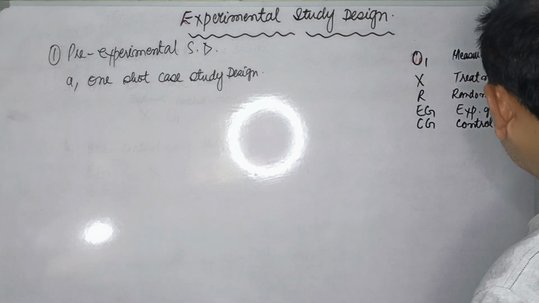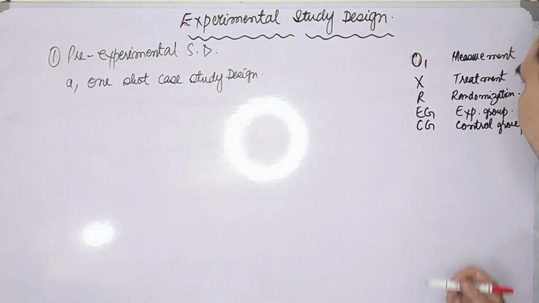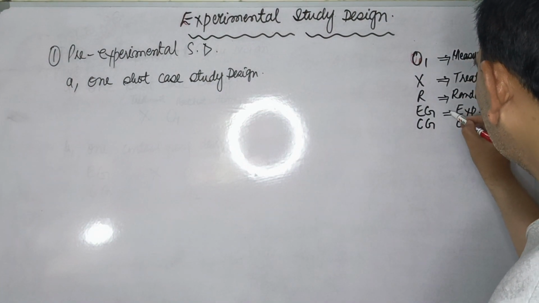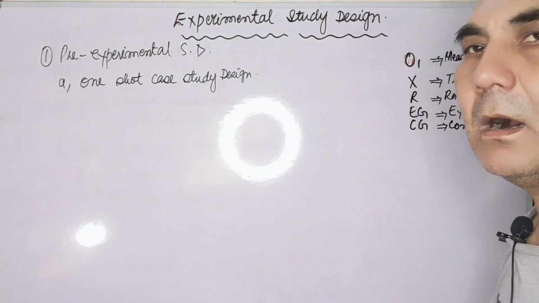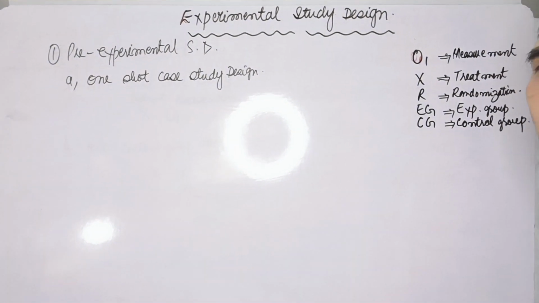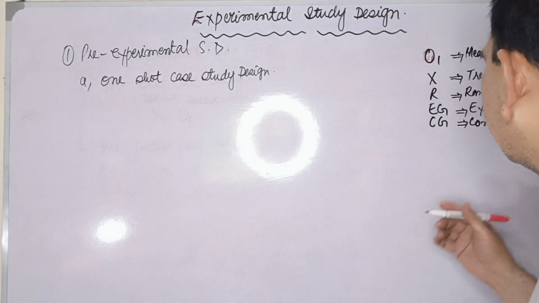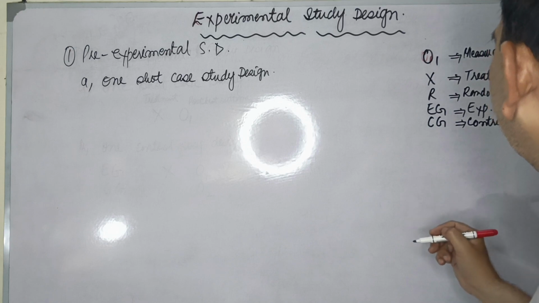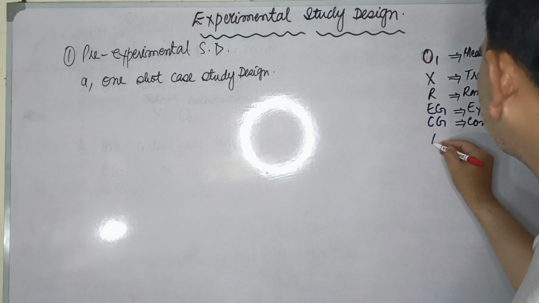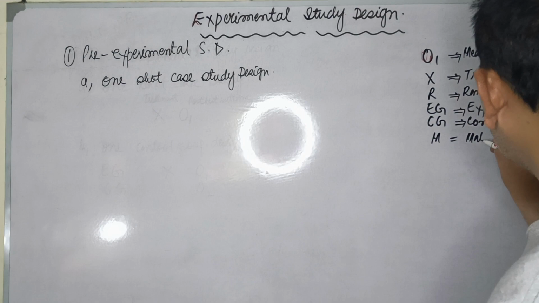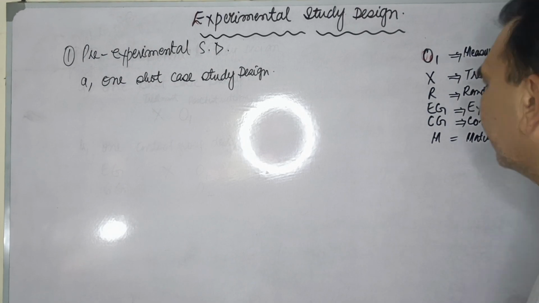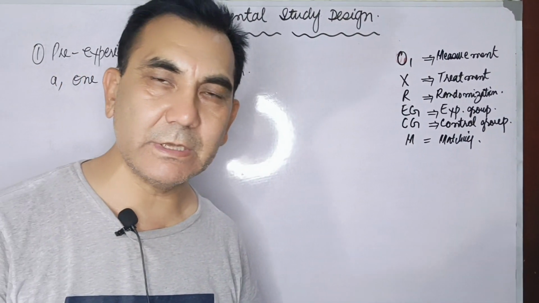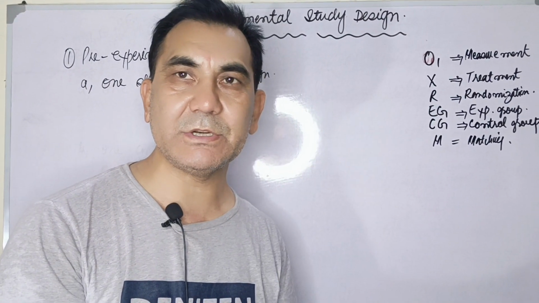The control group in the experimental study design is a group on which the researcher assigns an old treatment, old drug, a placebo, or any conventional treatment. And M is for matching. So these are some symbols which I will use in the different types of experimental study design to clarify your concept.